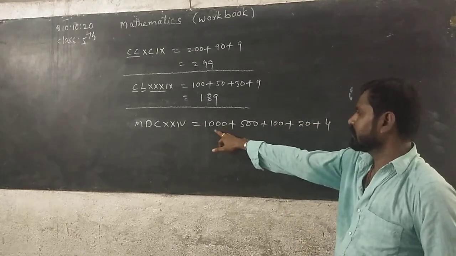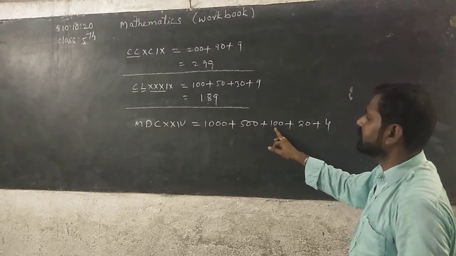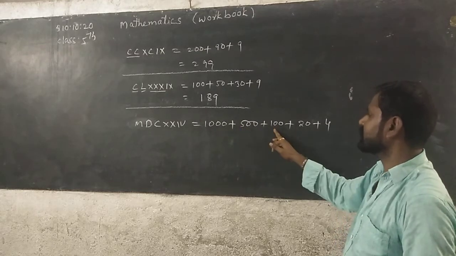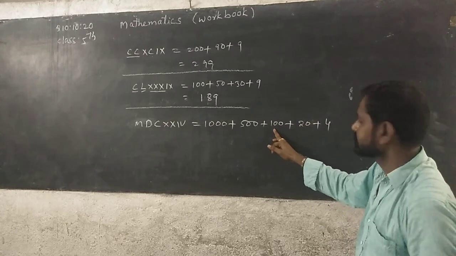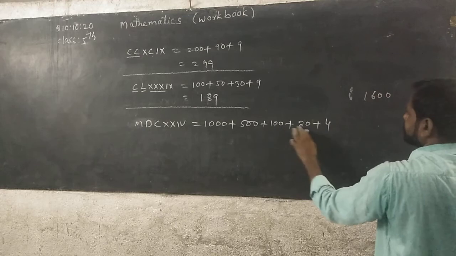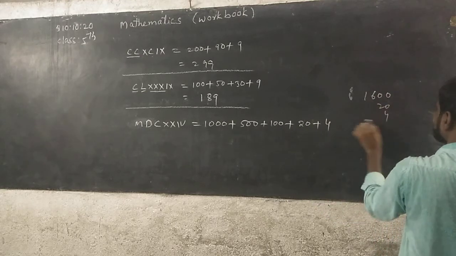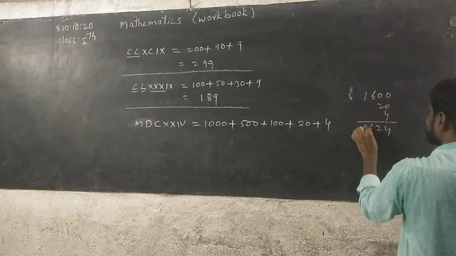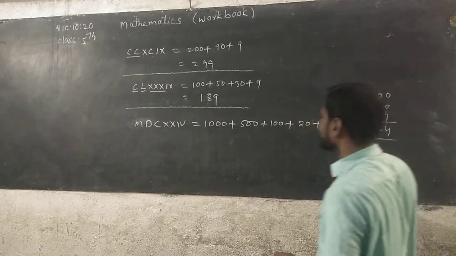See, 1000 plus 500 plus 100 is 1600, plus 20 plus 4. So 1624.